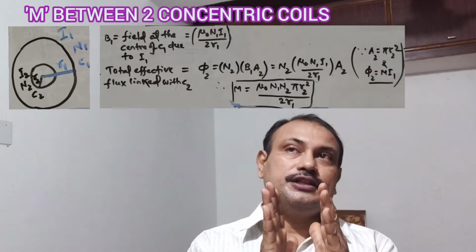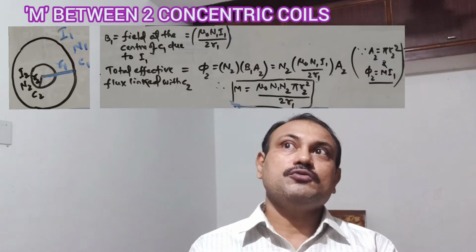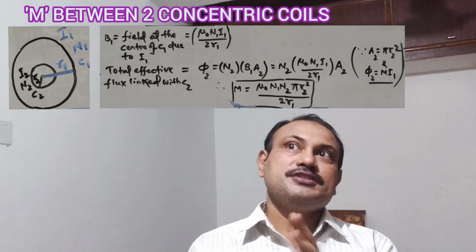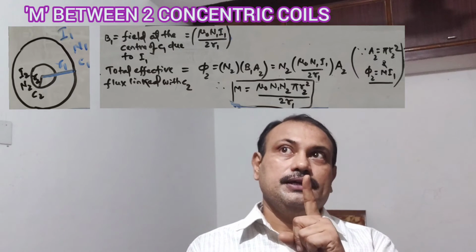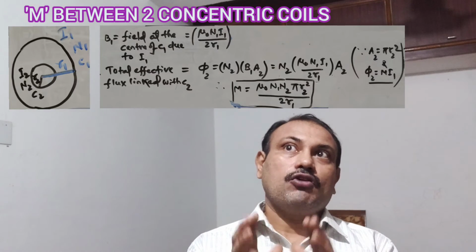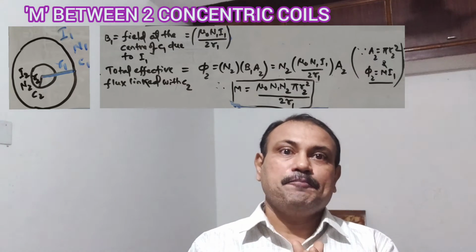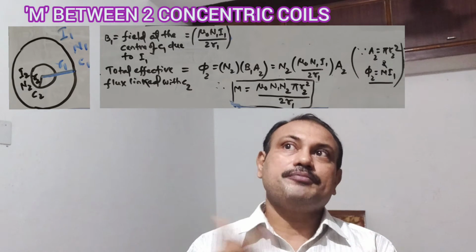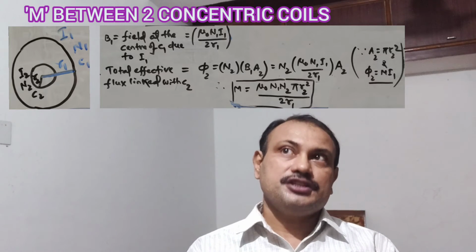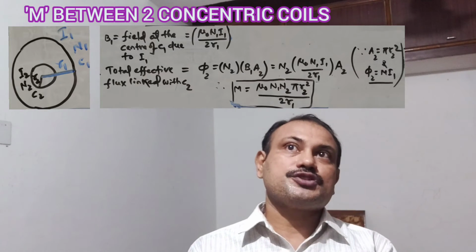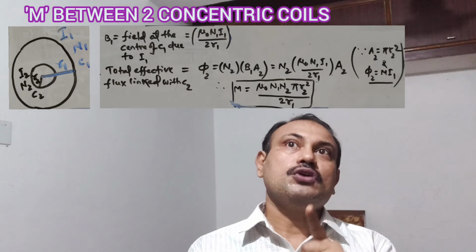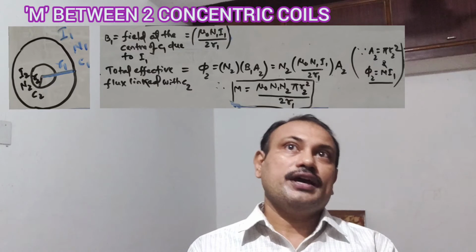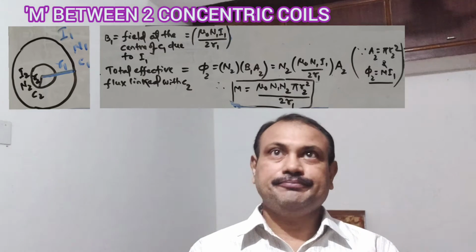It is because N2 is the number of turns of the second coil and A2 is the area of the second coil. So the magnetic field at the center of coil C1 times the area is the flux, and that has to be multiplied by N2, the number of turns in the coil. So phi 2 must be equal to N2 times mu 0 N1 I1 by 2 R1 times A2, where A2 is pi R2 squared.